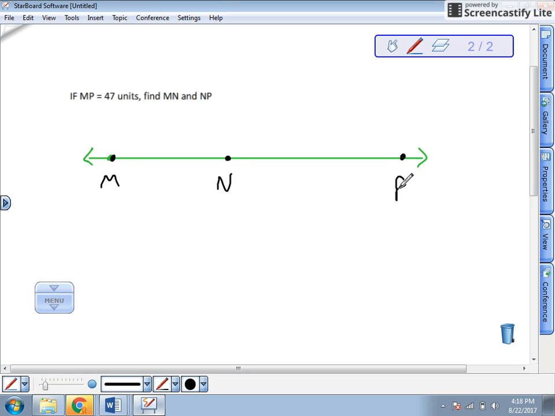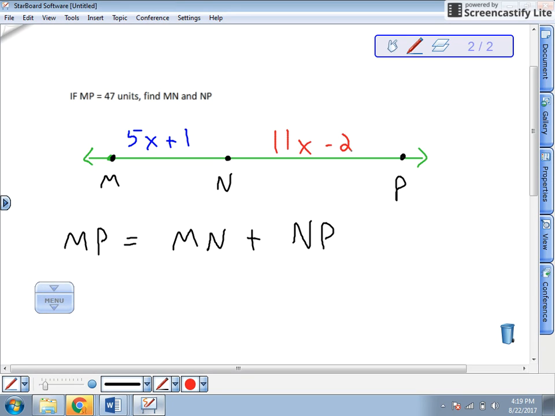Well, we know from yesterday with construction that MP equals MN plus NP. I could construct those to make that true. Now they tell us that MN is the expression 5x plus 1, and NP is 11x minus 2.